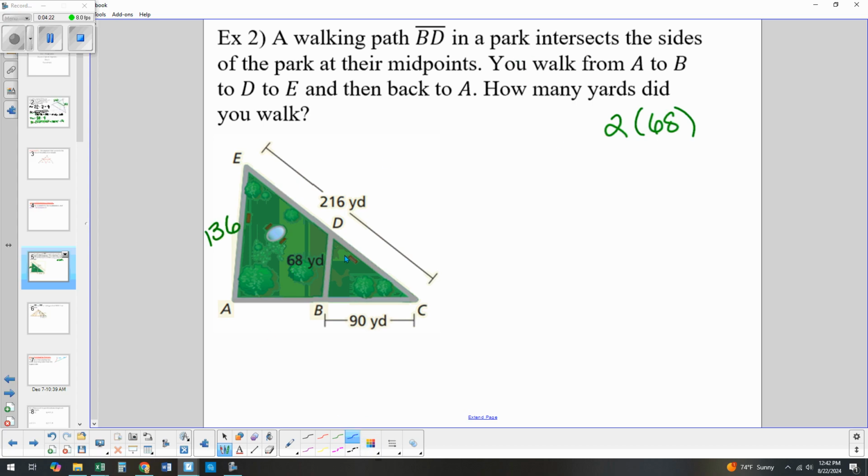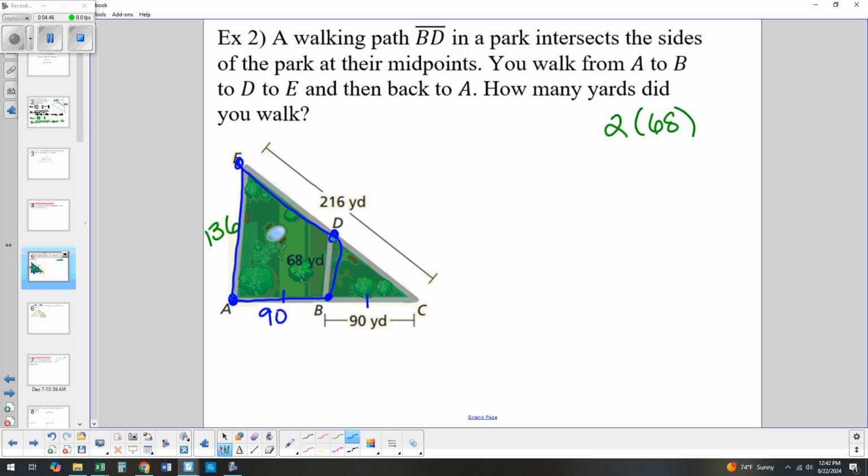You walk from A to B to D to E, and then back to A. How many yards did you walk? So we just want to add up all our measurements here. So I know this side and this side now. I don't know AB, but if B was the midpoint, then these would have been the same, so I could put 90 there.